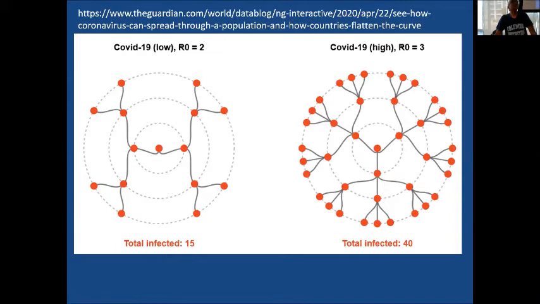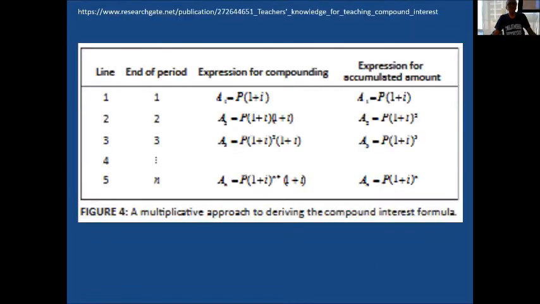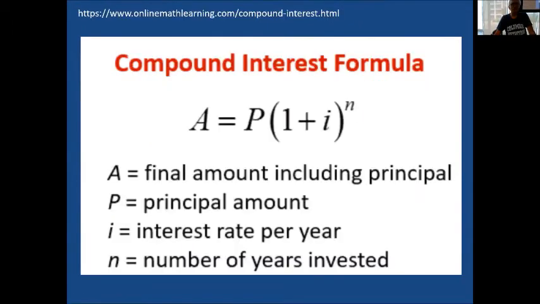So it makes a big difference whether R naught is 2 or 3 or 1.5 or 1.2 and so on. Each of those numbers really makes a big difference because each cycle you're multiplying by that quantity. And this is something I picked up on a web page: some formulas for compound interest. So the basic compound interest formula, as I already told you.